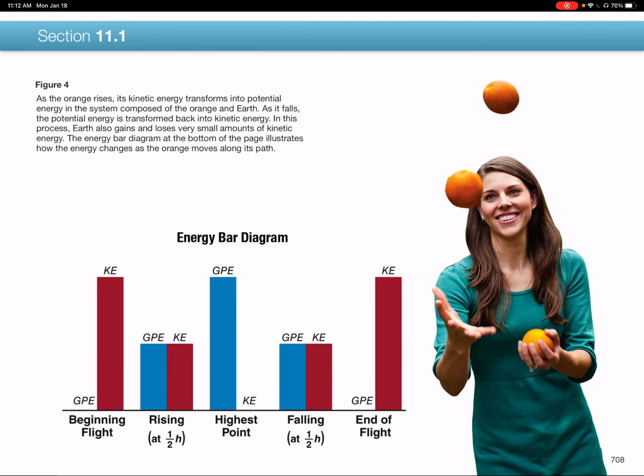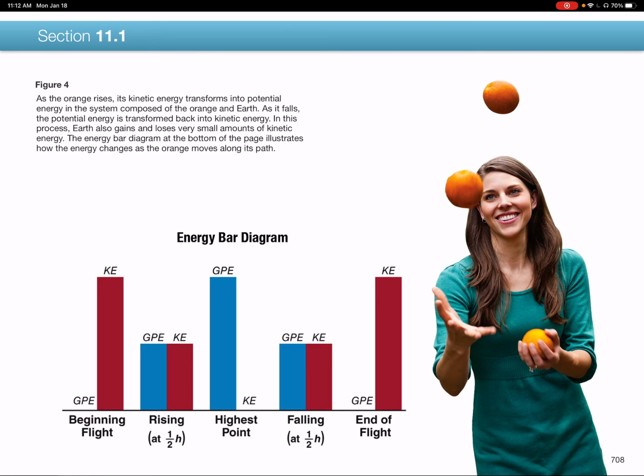Okay. Now they have a little picture here of what's going on with the energy. This girl is juggling some oranges. As an orange flies into the air, it has kinetic energy when she first throws it. That gets transformed into potential energy as it gets higher, right?